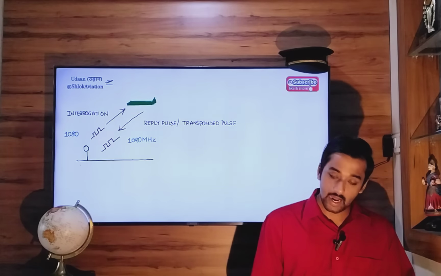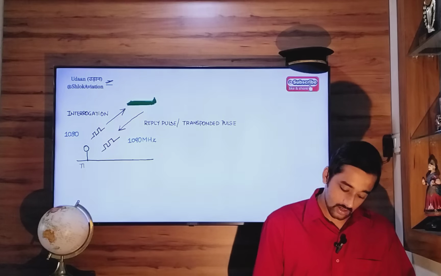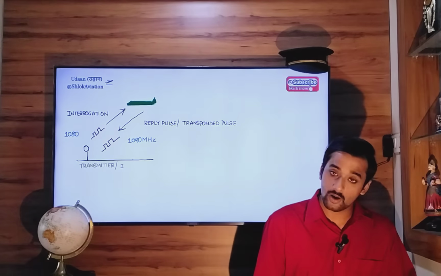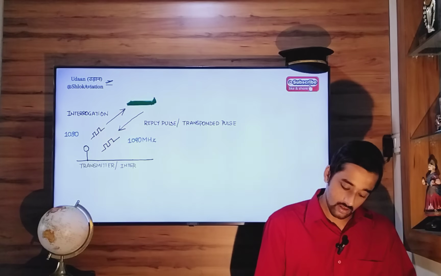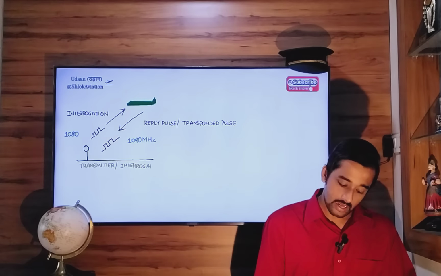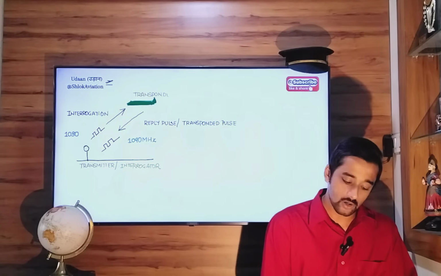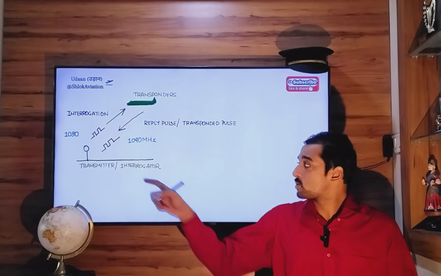The ground antenna will be called transmitter. It would be more appropriate to say an interrogator. And in aircraft we have a transponder. So two different equipments for two different purposes.